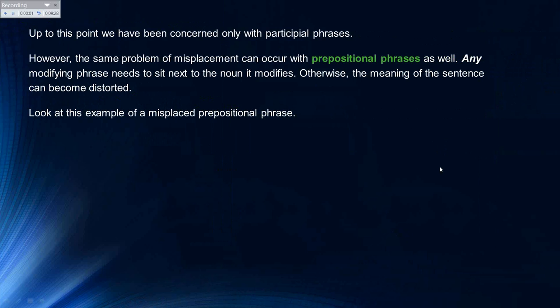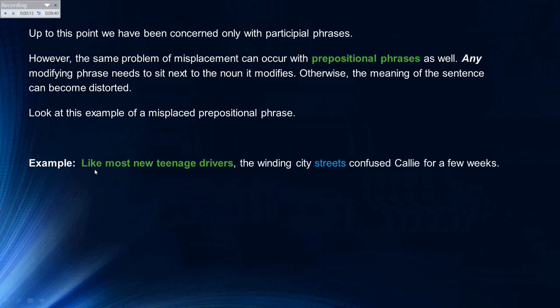Up to this point, we've been concerned only with participial phrases, but the same problem of misplacement can occur with prepositional phrases as well. Here's an example of a misplaced prepositional phrase. Like most new teenage drivers, the winding streets confused Callie for a few weeks.